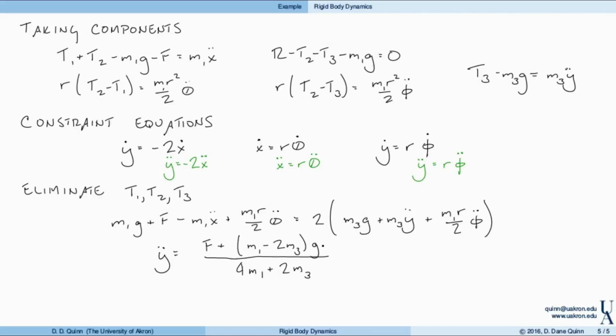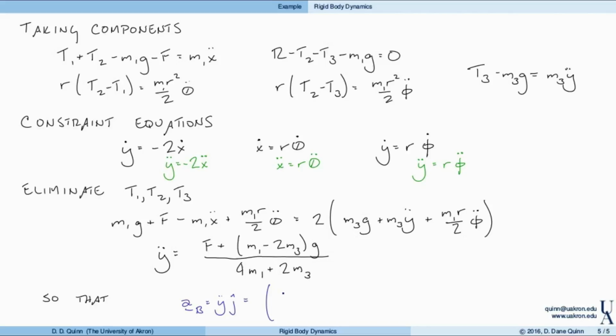Now obviously there's a lot of algebra that goes into all this, making these substitutions and solving for these various things. And so maybe you can pause the video solution at this point and work through that algebra. But ultimately, you should be able to find this expression for y double dot. And then recall that what we wanted was the acceleration of the block. The acceleration of the block was defined as y double dot in the j direction.